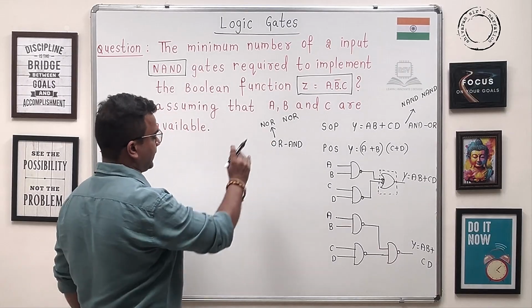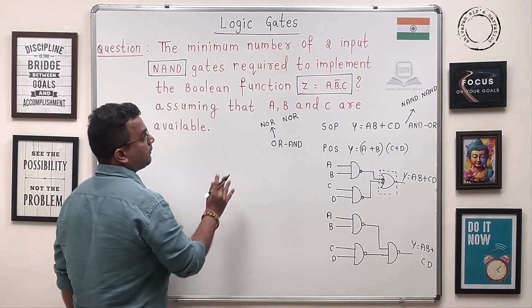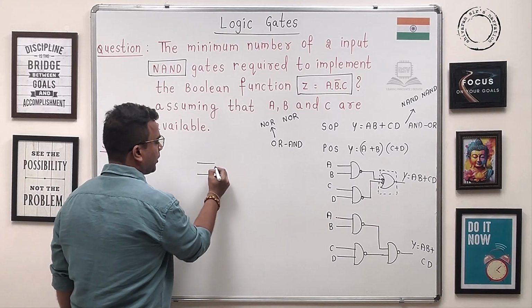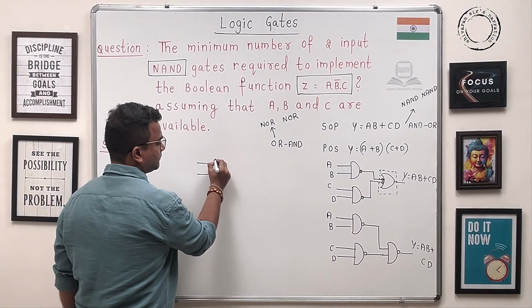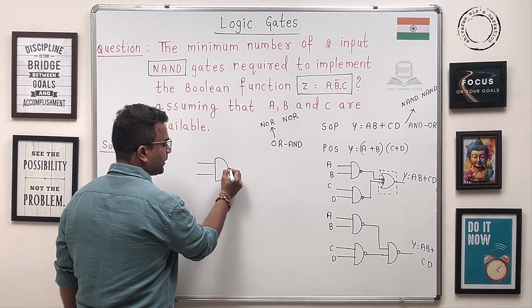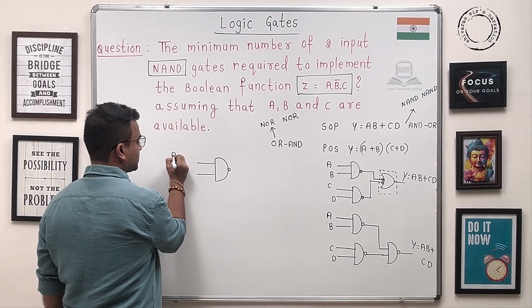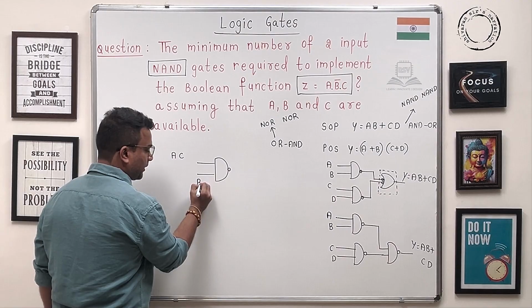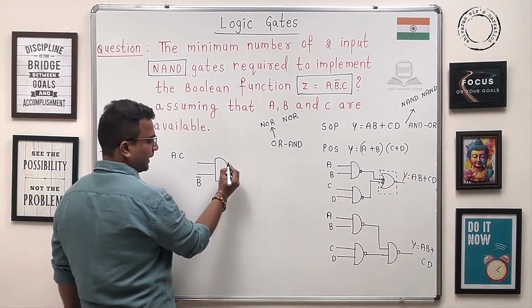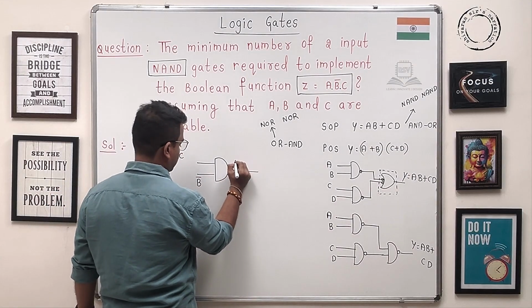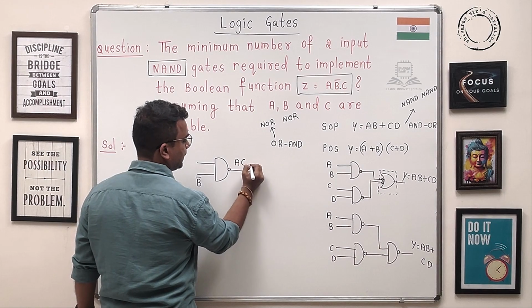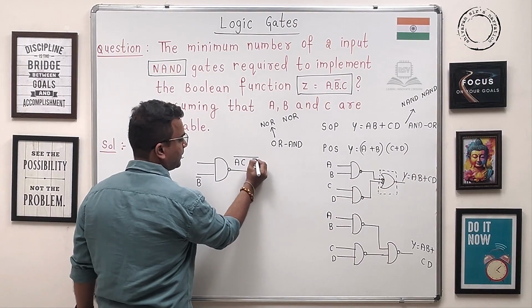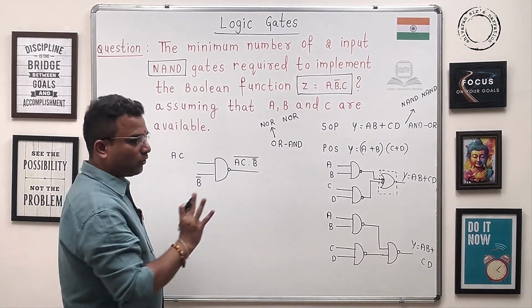Guys, as per the expression, suppose I want to implement using NAND gates. You can take one NAND gate where the inputs are A and C, and if I have B bar, let's assume, then I'll get the output as (AC into B bar) whole bar.